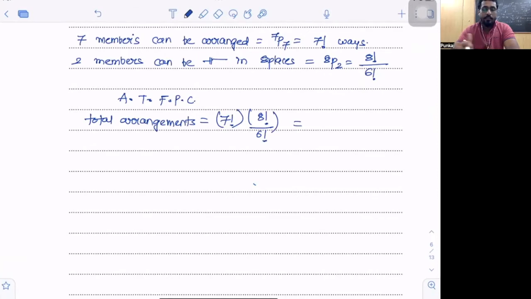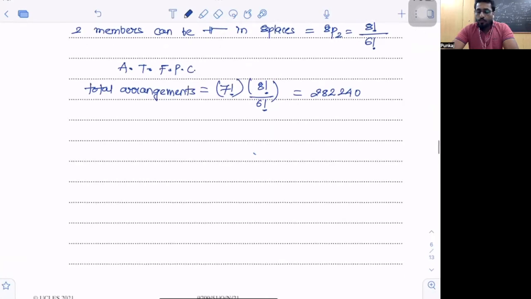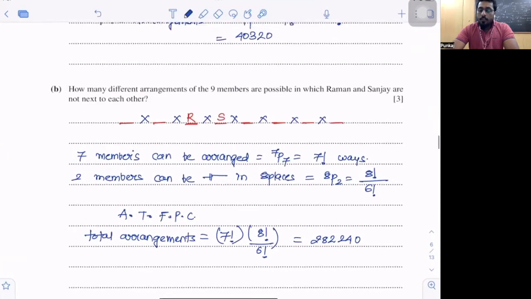So the answer is 282,240. 282,240 are the total number of ways in which you can arrange in such a way that Raman and Sanjay are never standing next to each other. So that's one way of getting the answer.